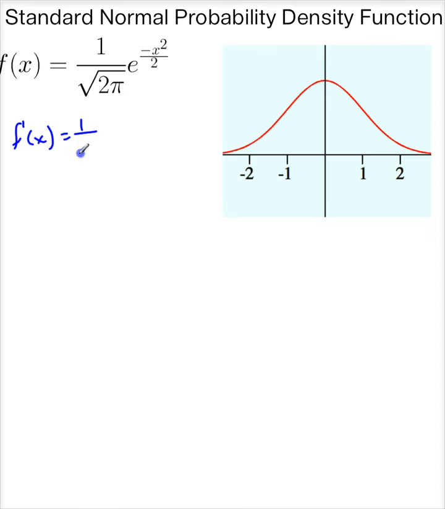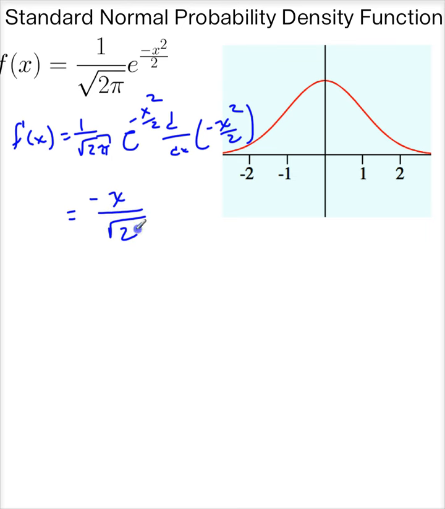So this is 1 over the square root of 2 pi times e^(-x^2/2) times the derivative with respect to x of -x^2/2. So the first derivative becomes, that's -2x over 2, so it's -x divided by the square root of 2 pi times e^(-x^2/2).